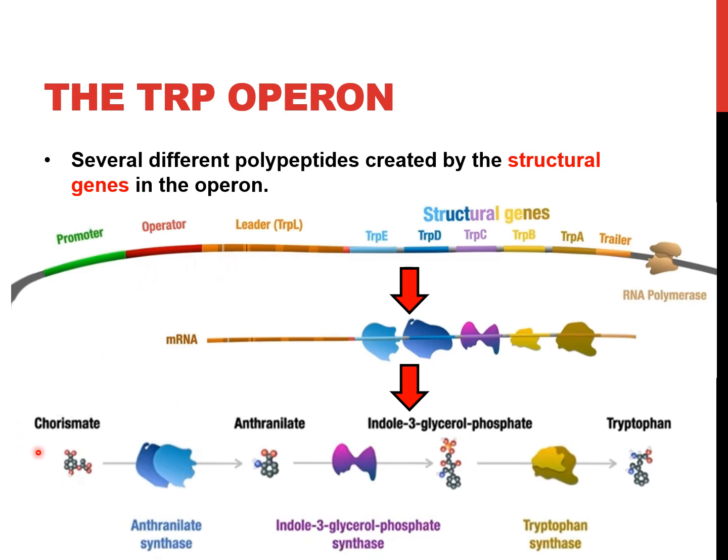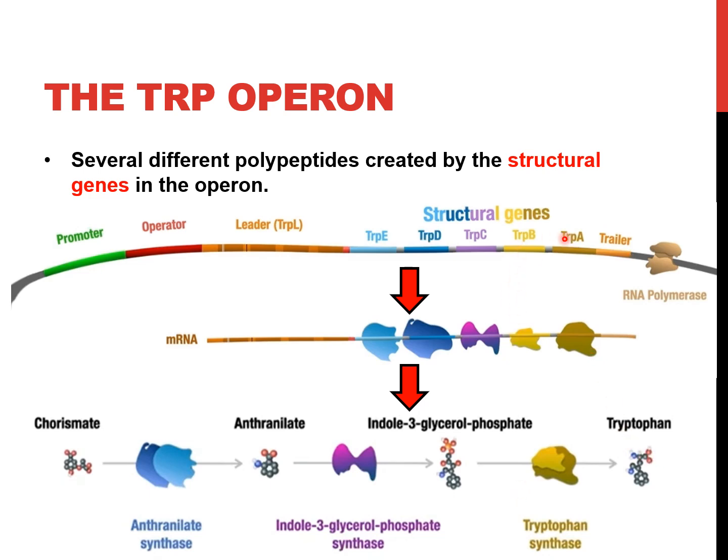So we have this readily available molecule, chorismate. Okay, these two enzymes work together to make anthranilate from that. Okay, then you have the crazy purple one, again, with a silly name. All right, and then that makes another molecule called indole-3-glycerol phosphate.